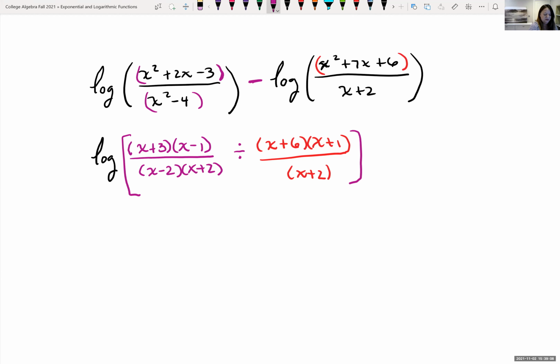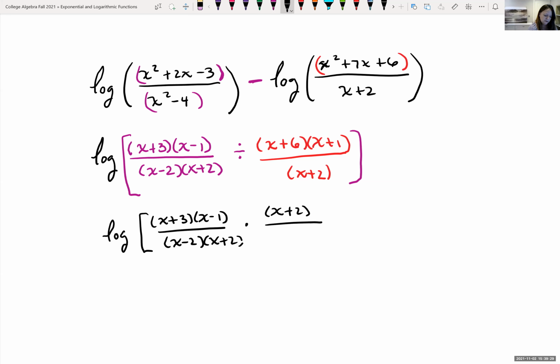So division with fractions, we're going to rewrite it as multiplication. So we have log of (x plus 3)(x minus 1) all over (x minus 2)(x plus 2), times (x plus 2) all over (x plus 6)(x plus 1). So I notice that my factors of x plus 2 cancel.